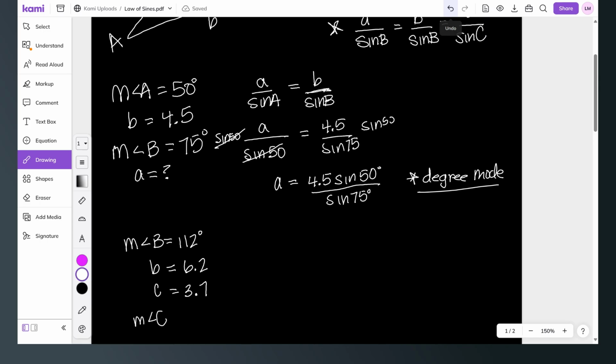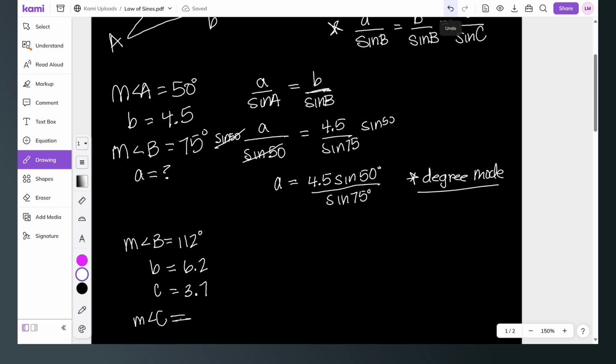Again, this is not a right triangle, so we can't use SOHCAHTOA. We're going to have to use law of sines or law of cosines, which we don't know yet. We'll get that one next.